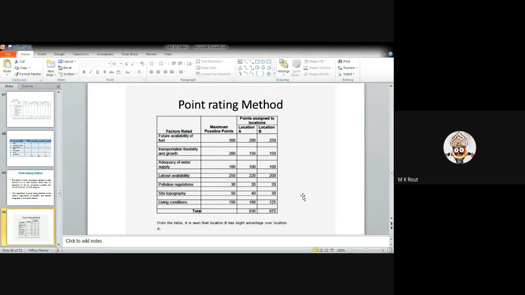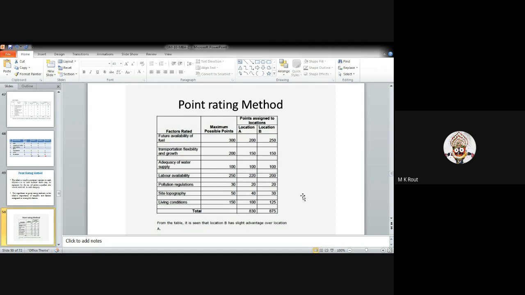In the point rating method, Bhubaneswar got the highest points, with reference to the weightage given by the AMRI group. Finally, they implemented the project, and they are still beating all the privatized healthcare units across Odisha, as well as neighboring states like West Bengal, parts of Andhra Pradesh, Chhattisgarh, and Jharkhand. That is the real-time implementation of the point rating method.